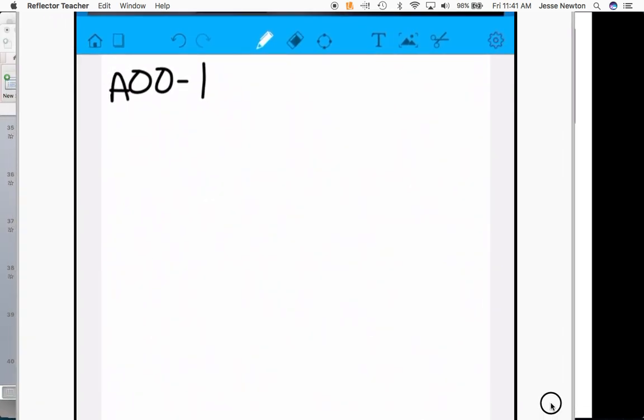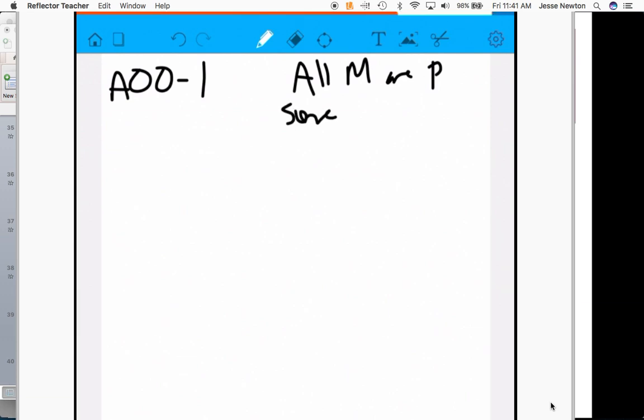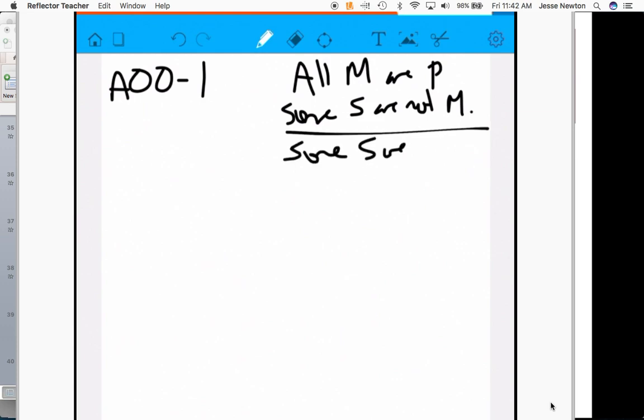All right, so AOO-1, and it's going to be: All M are P, some S are not M, therefore some S are not P. Is that right?